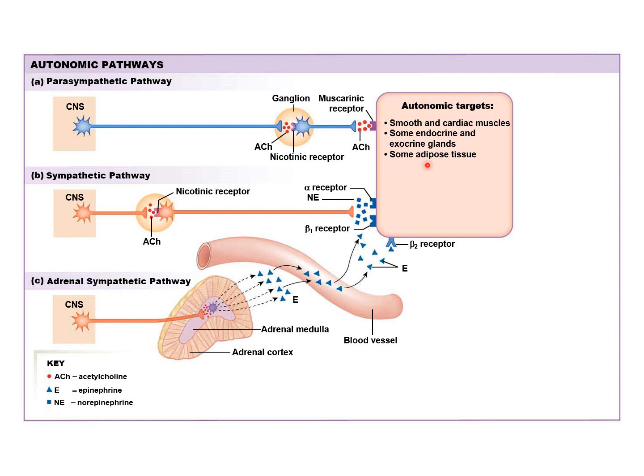And again, you can notice the targets here. Sympathetic, cholinergic, nicotinic, norepinephrine, adrenergic receptor. For the adrenal medulla, cholinergic, nicotinic, epinephrine, adrenergic.